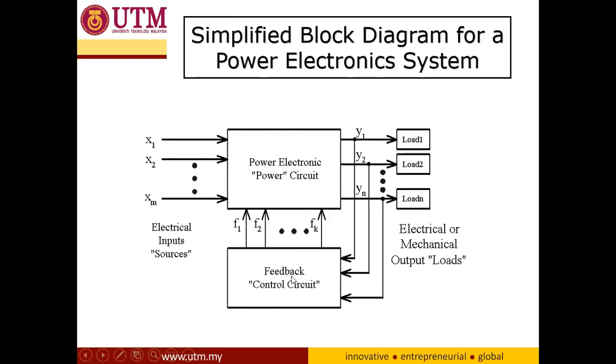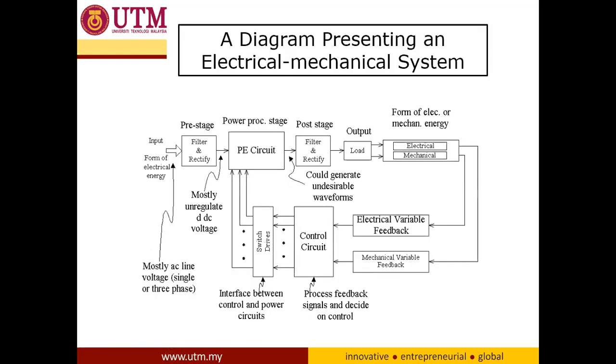This feedback control can be implemented using any microcontroller, DSP or FPGA, to give a switching signal to the power electronic circuit here. However, for this course, we only concentrate on the introduction to the circuits inside this power electronics system. So this is another diagram that shows power electronics.